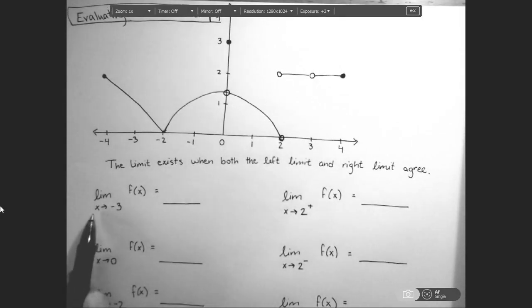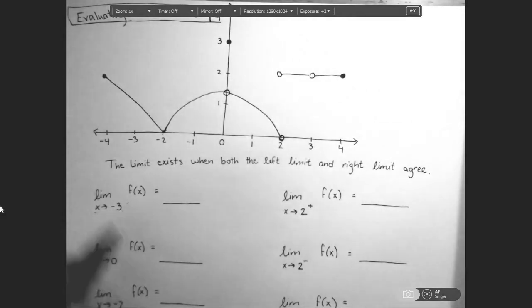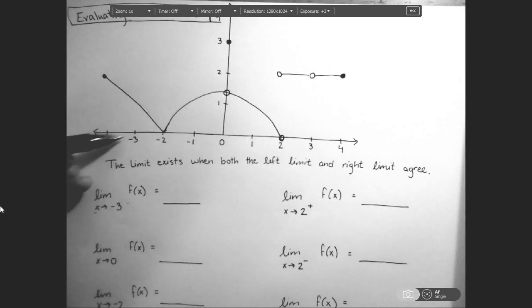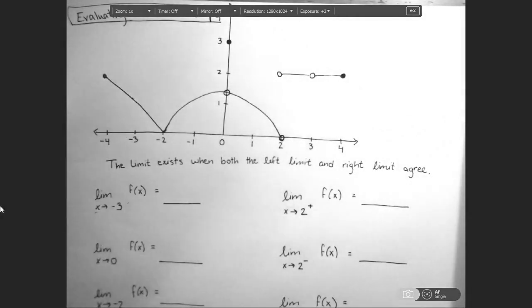Our first limit that we're asked to look at is when x approaches -3, and so because there's no positive or negative up here, it means that I want to compare x going to -3 from both the right side and the left side. So let's look at the graph. X equals -3 is right here, and my functional values, let's say this point on the graph is about where y equals 1, and I see that as I approach from the left-hand side, moving this way, my y values are approaching +1.